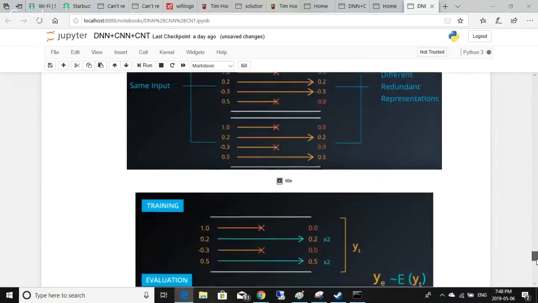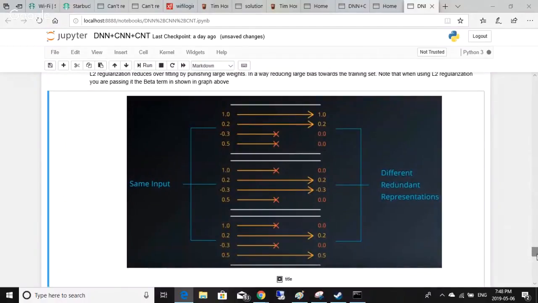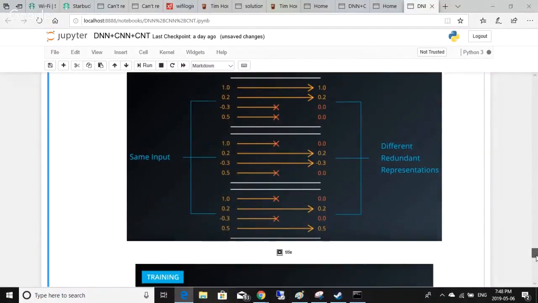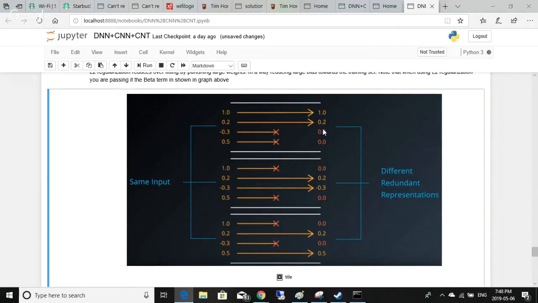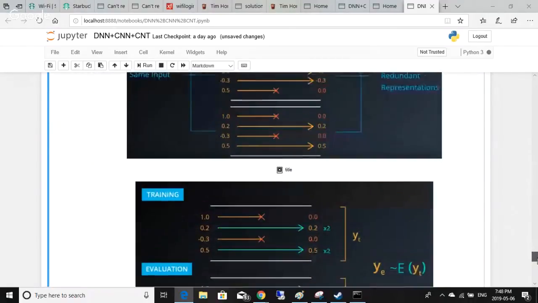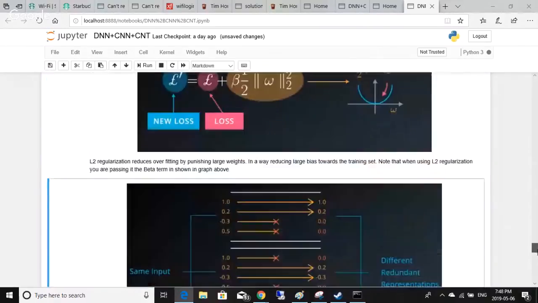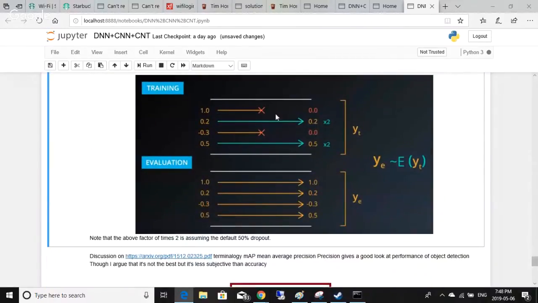And down here is the concept of dropout. It's all the same input, but a different type of representation, because the outputs being dropped can't be depended on. The network has to run them redundantly, thinking with greater intuition, like it's a cat, it's not a dog, and things like that.